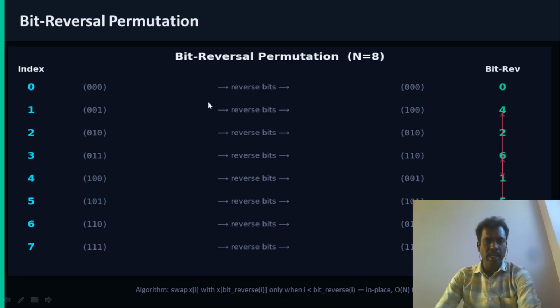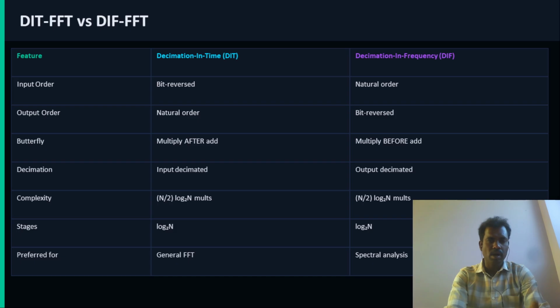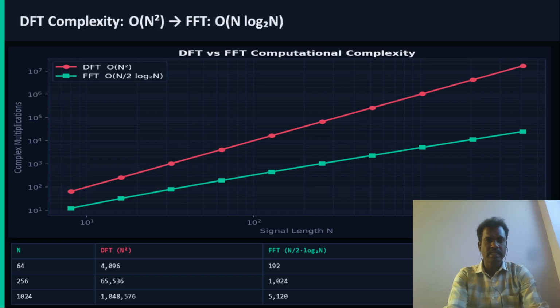Here, the input samples are split into two parts. The 0th sample, second sample, fourth sample and sixth sample are even indexed samples, and similarly the first sample, third sample, fifth sample and seventh sample are odd indexed samples. This is grouped into two parts, odd index and even index.